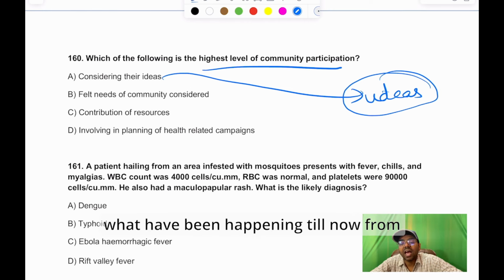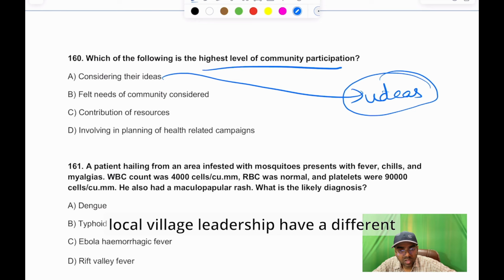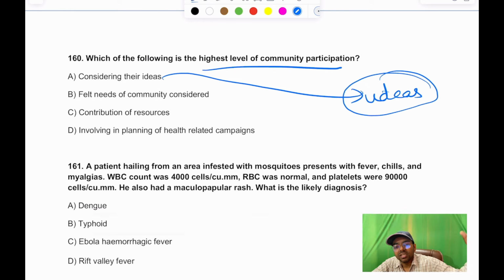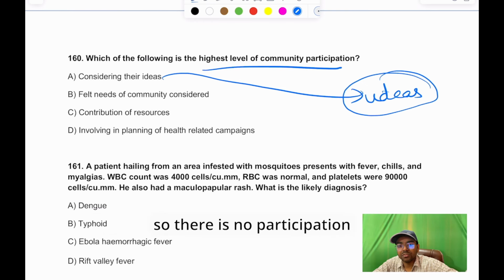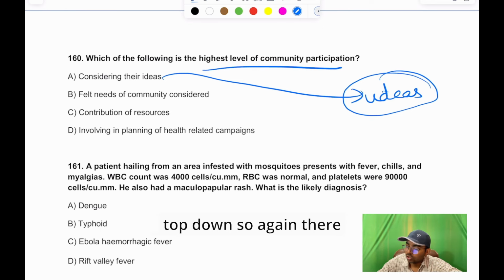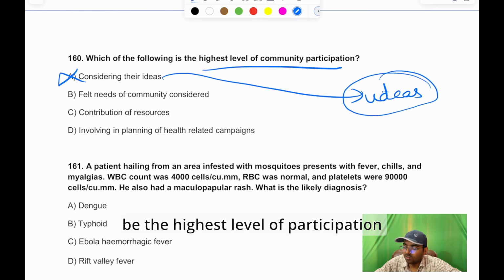This is what has been happening from independence till now, that local village leadership have a different aim, like building some small dams, but the higher bureaucratic authority will have another vision. So there is no participation happening, it is top down. So this will not be the highest level of participation.